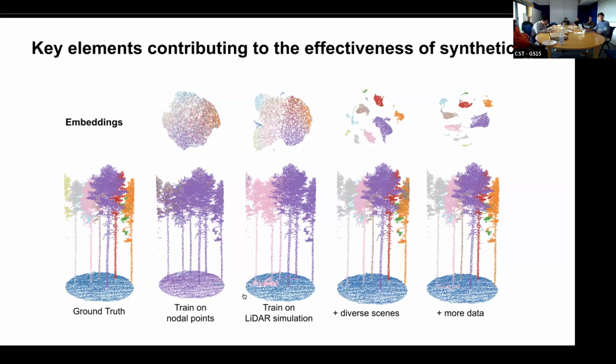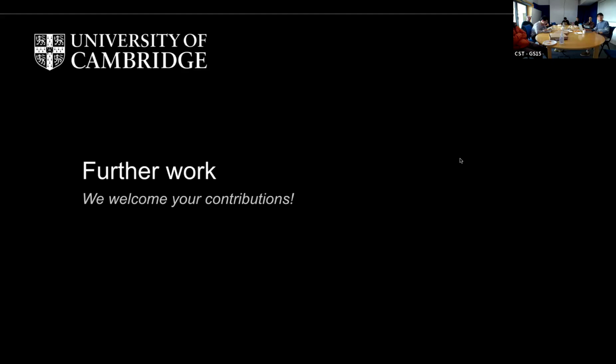And when you turn on the LiDAR simulation, you see the representation gets a bit more disentangled, but when you have more diverse data, especially with more coniferous trees, because of the scene alignment, the representations corresponding to the different trees in latent space get very disentangled, which makes it easy to get good segmentation results. And similarly for the more data.